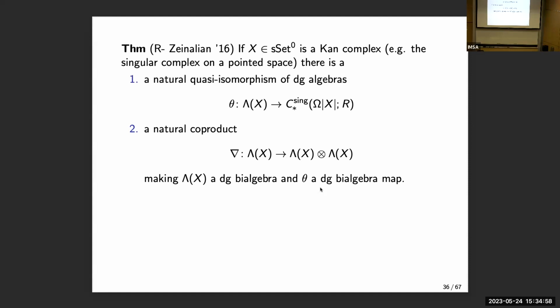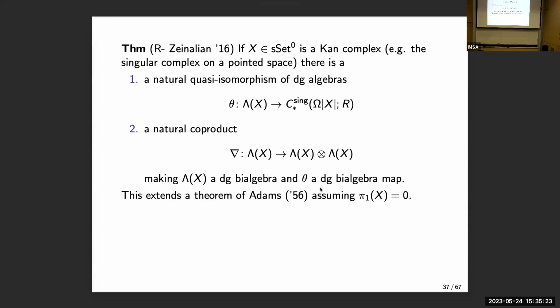But if you're considering under quasi-isomorphism, you lose the information of the fundamental group, right? You only recover the Malcev completion or whatever. But I don't want to do that. I always want to work with coalgebras equipped with this notion of equivalence obtained from Koszul duality theory, from the cobar construction.